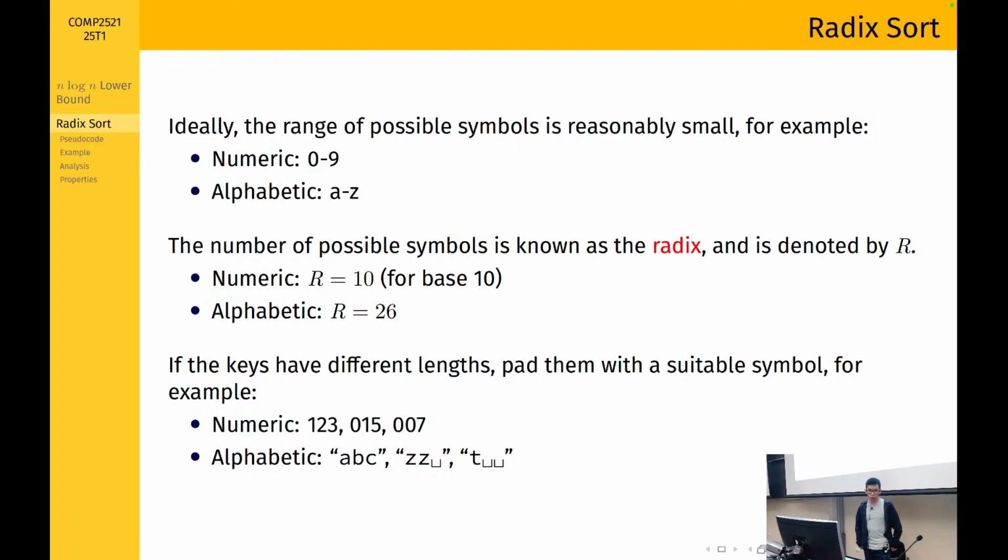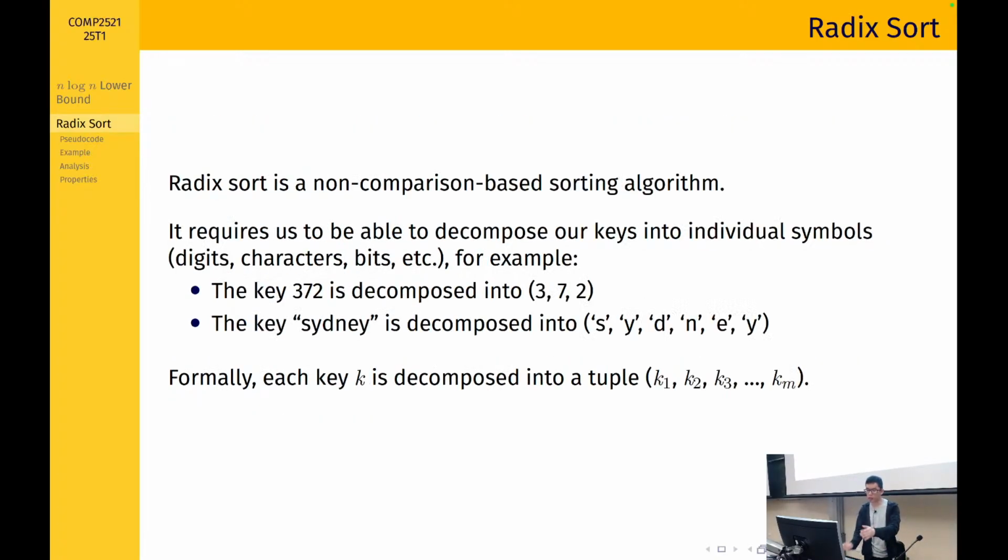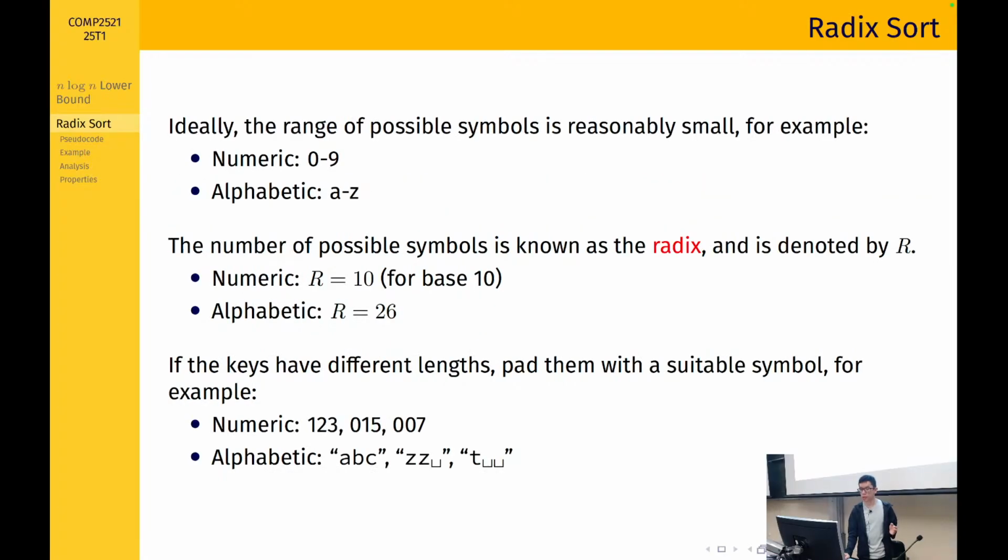For radix sort to work efficiently, we also want to assume that the number of possible symbols is relatively small. In the case of numeric keys and alphabetic keys, that condition is satisfied because we have relatively few symbols. If it's a numeric key, then we have only 10 possible symbols, the digits from 0 to 9.